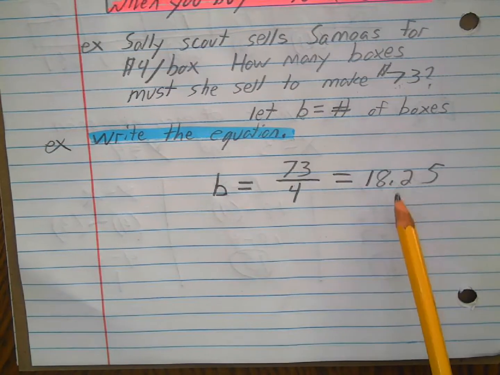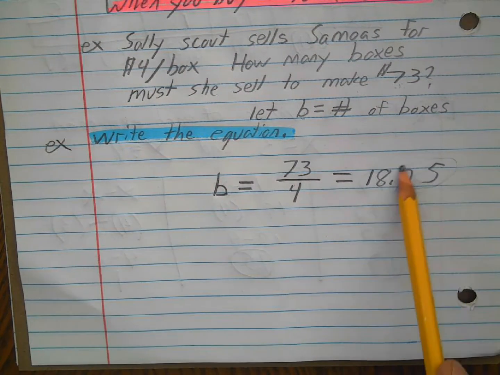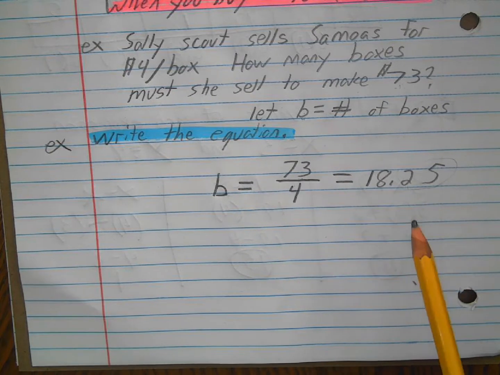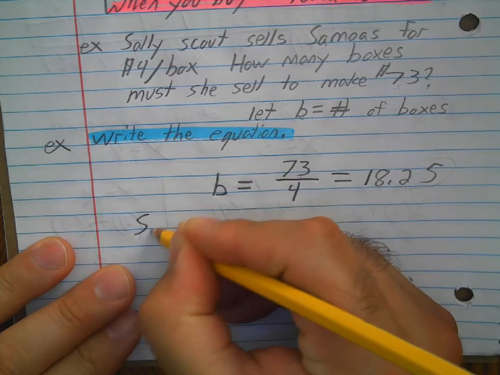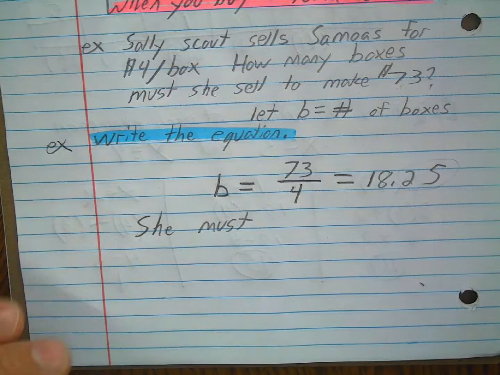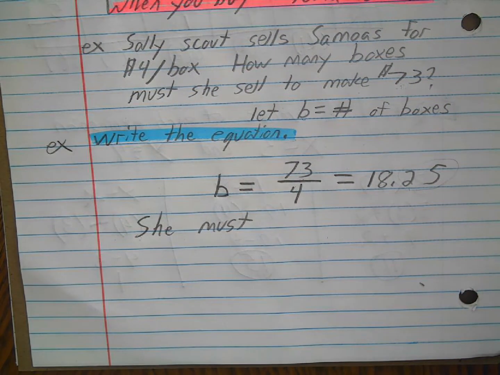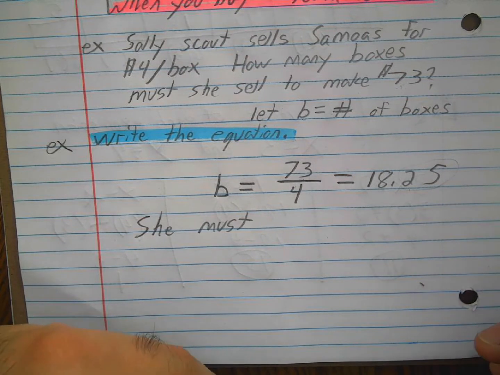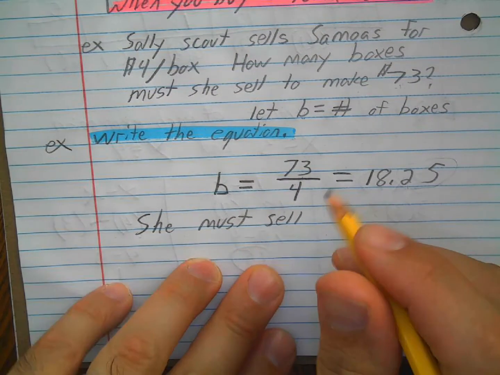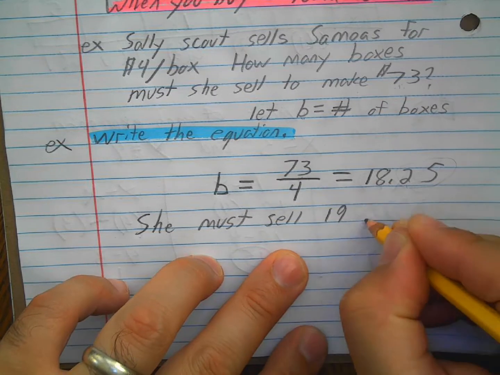Well, she can't sell a quarter of a box to make her $73. So we have to round this up. She must sell 19 boxes to get past that 73. She can't sell a quarter of a box, just a portion of cookies. So she must sell 19 boxes.